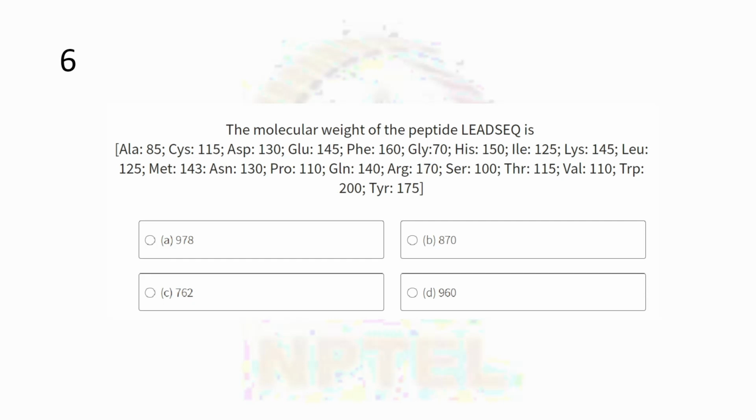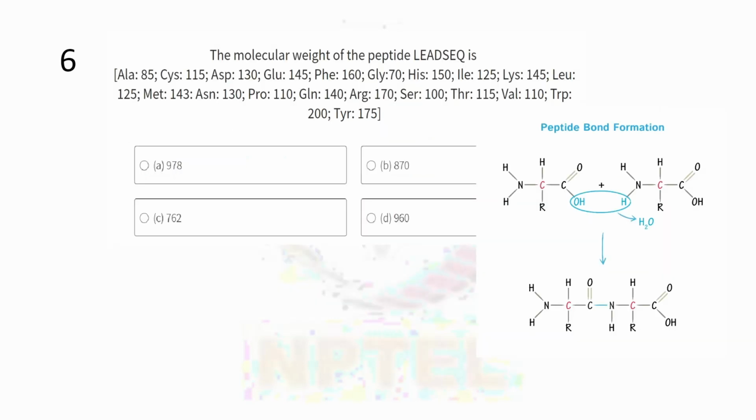So given a peptide and weights of individual amino acids, what will be the molecular weight of the peptide? I think an introduction like this could be helpful.